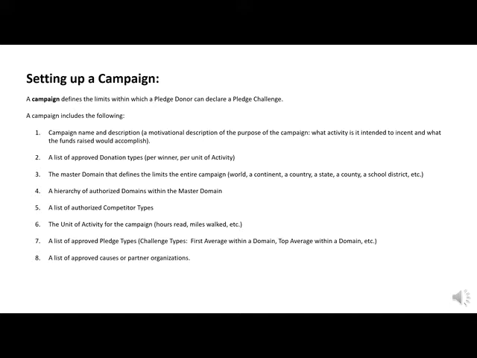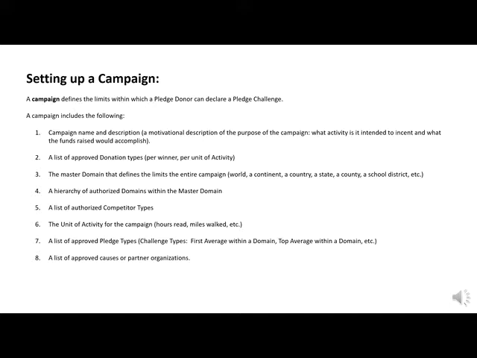It also includes a hierarchy of authorized domains within the master domain, so that these are the actual domain they can select for their challenge, or the competitor level that they can choose for their challenge. Also includes a list of authorized competitor types, so that they can select to say, okay, the competitor type is a school, or it's a county, or it's a city.